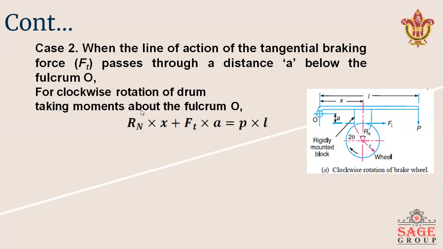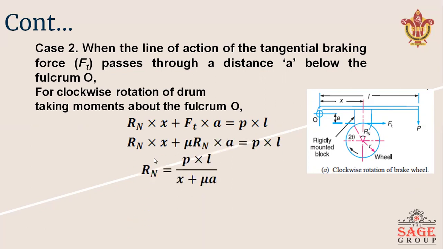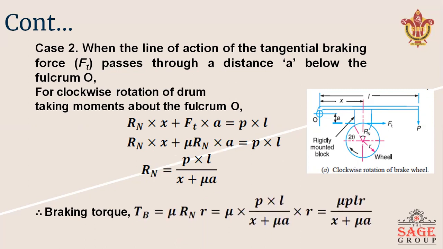By this equation we get the value of Rn, and we substitute the value of Rn in the formula of braking torque, Tb equals mu Rn into R. So the ultimate aim of this derivation is to calculate the braking torque.